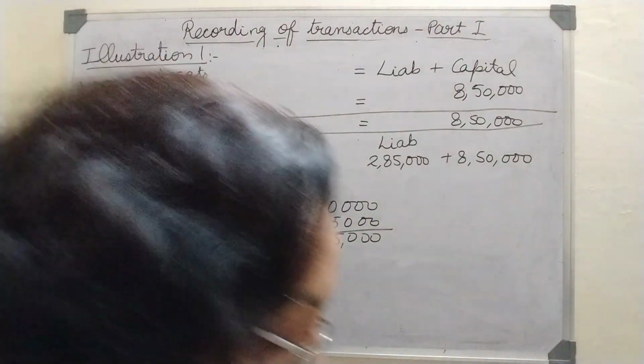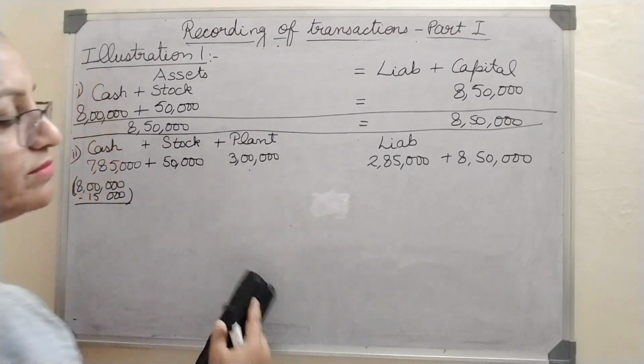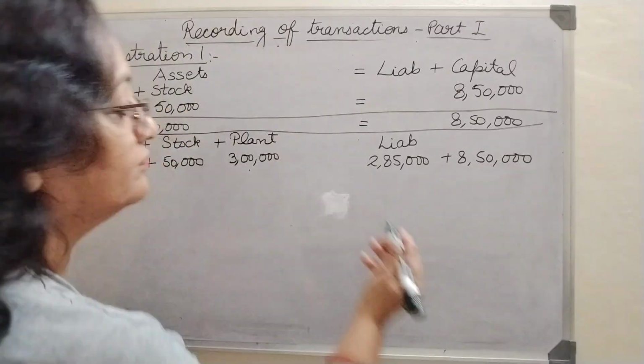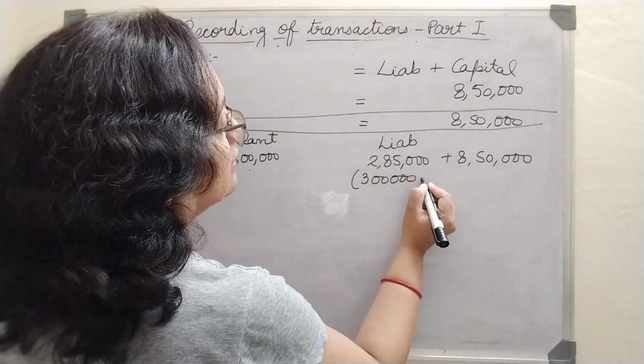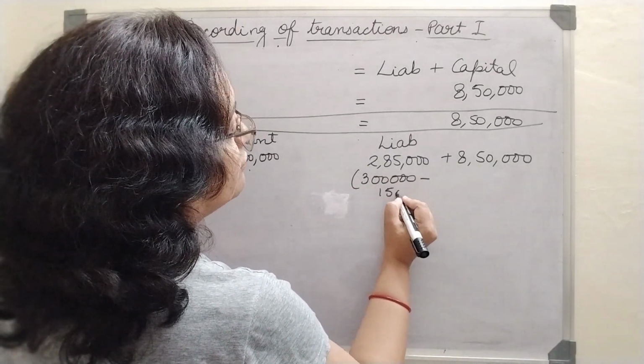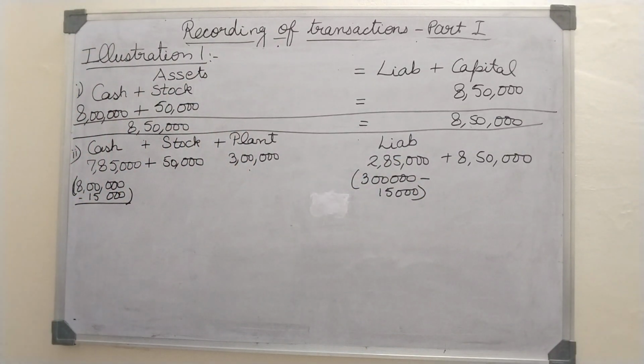So this again I will write. You can write this also in bracket. 3 lakh minus 15,000. So this much amount I have to still pay, right?